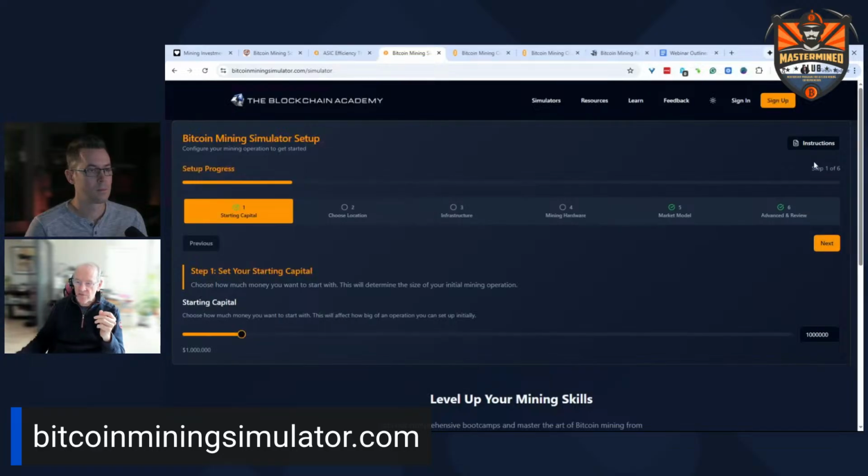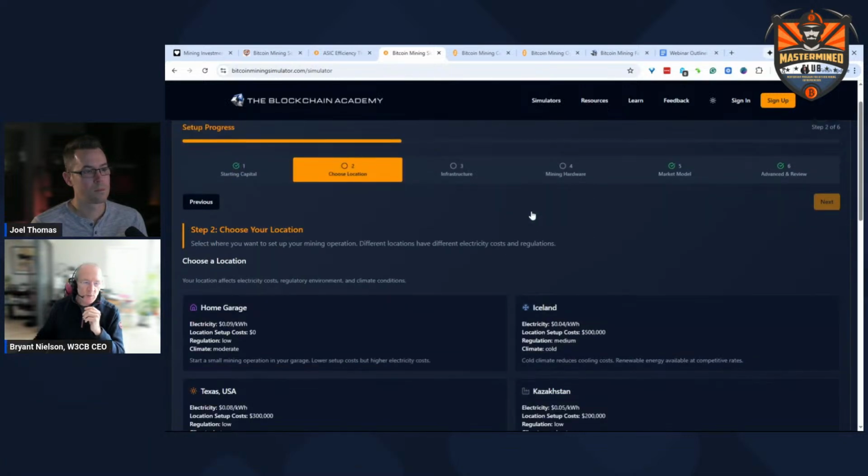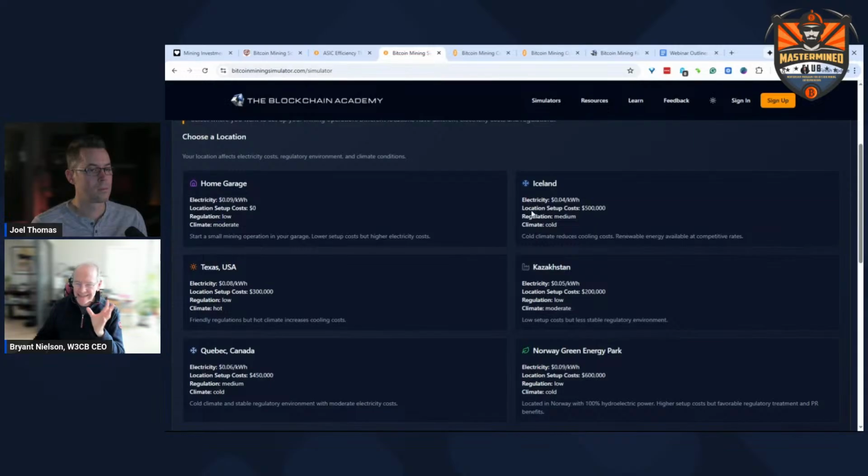And of course, if you ever get lost, there are instruction buttons that give you all the step-by-step things you need to understand. This one is where you choose your location. It's a little different because it tells you not only the location, but also the size of the location you're looking at.